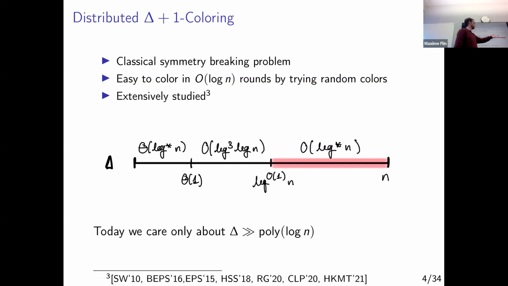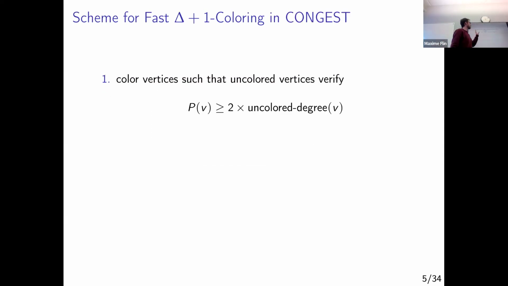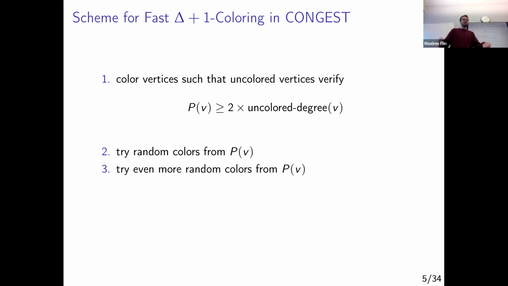And for this talk, we're really just going to care about this range where delta is large. And why is that? Well, if you look at how the CONGEST algorithm works, you have some coloring procedure that's not going to color all the nodes, but it's going to ensure that even if you color all of your neighbors, the palettes still have a significant amount of colors left. And when you get to that, trying random colors works: if you don't get a color, you just try more colors more aggressively.